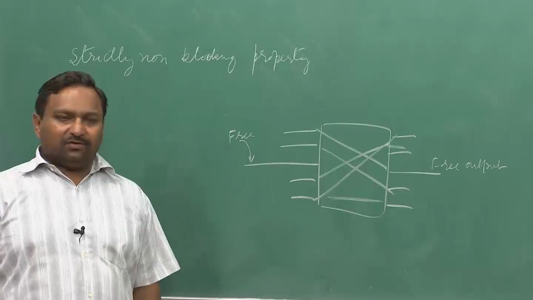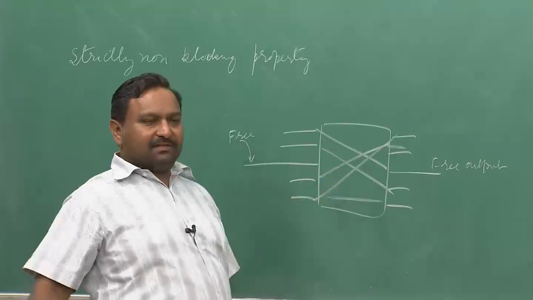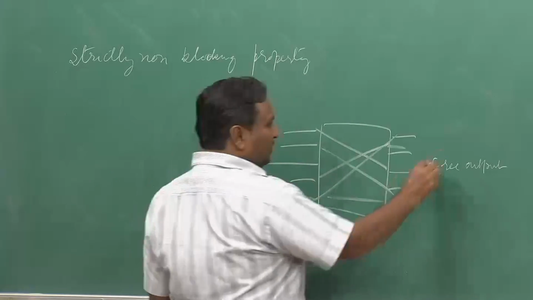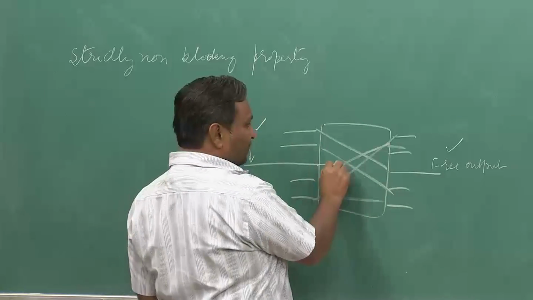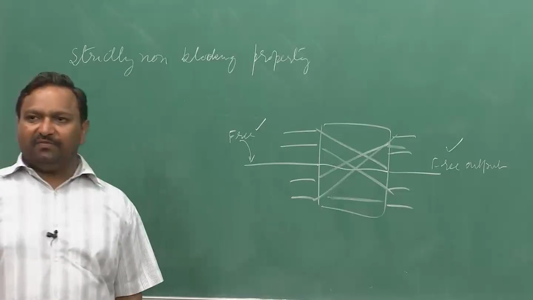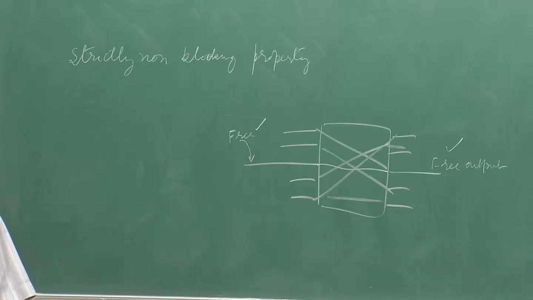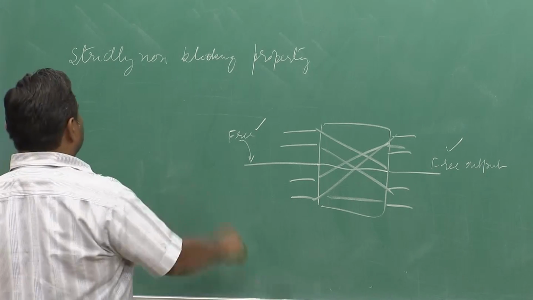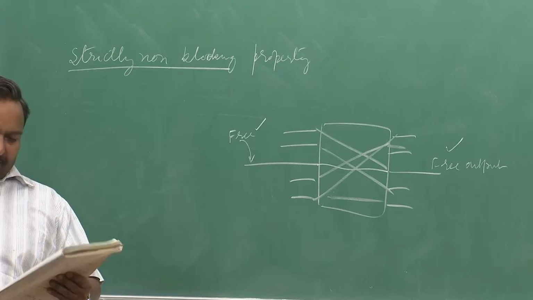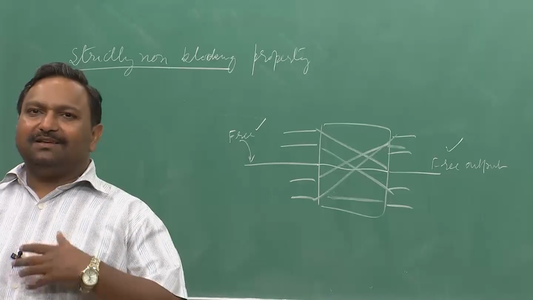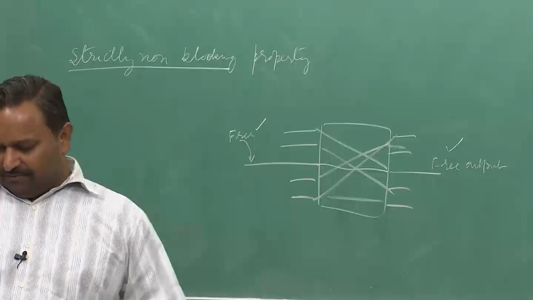Okay. So, whatever be the connection pattern in this, if the free input port is there, free output port is there, and I can, without disturbing these connections, I can always set up a path between them, then the switch configuration is known as strictly non-blocking configuration. Okay. So, that is a kind of a definition in an understanding sense.